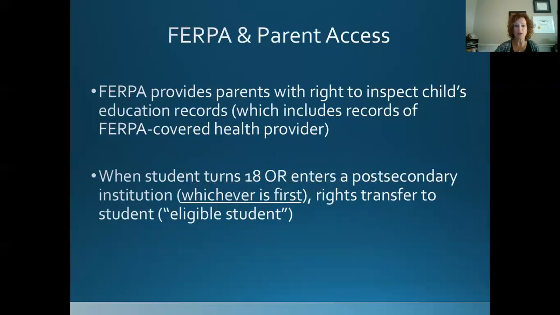So it requires disclosures of records to parents when parents request access. That's unless the student is one of those eligible students. Again, when they turn 18 or enter a post-secondary institution, whichever is first, these rights under FERPA transfer to the student, and the parent would no longer have access.